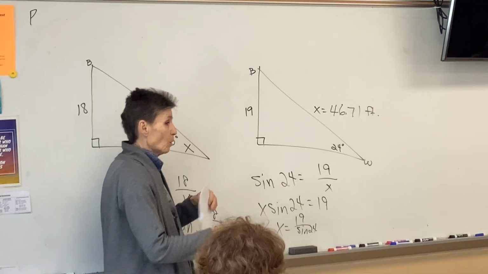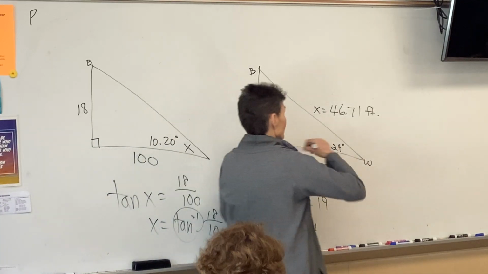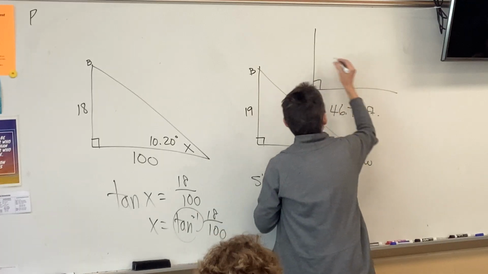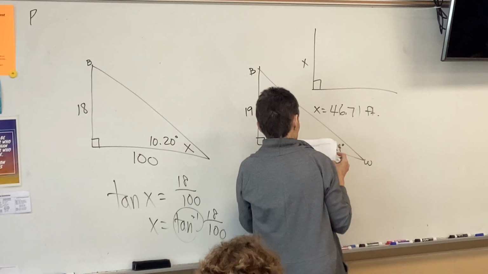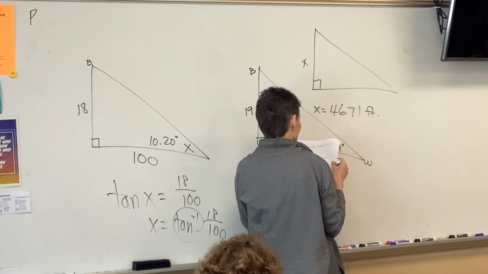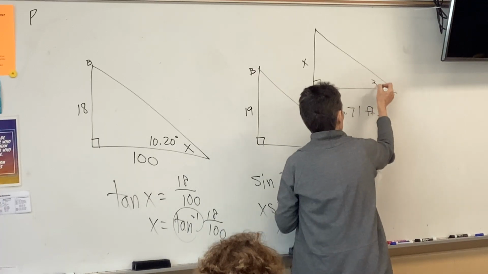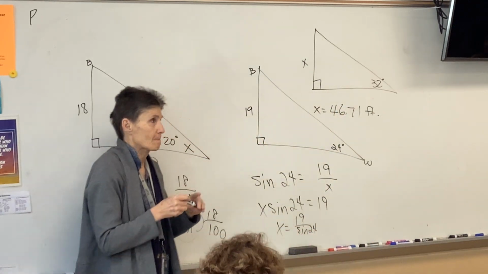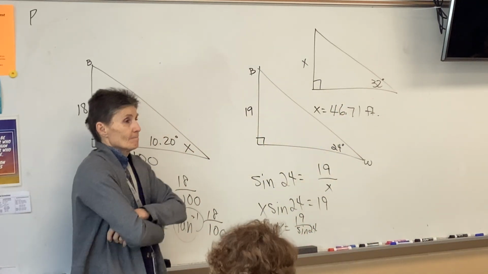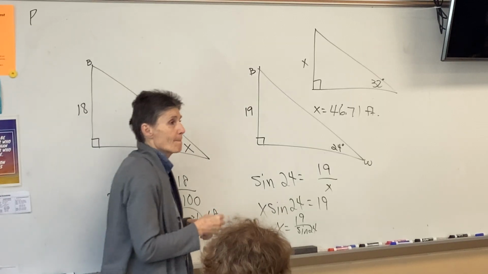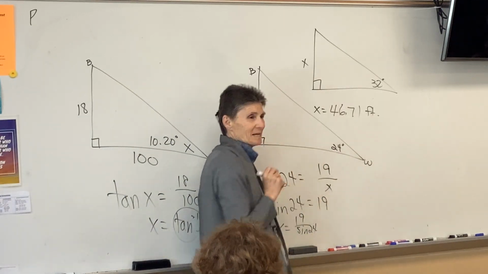All right, last one in this section. Let's get her done. Here we go. How tall is a flagpole that casts a 23-foot shadow when the angle of elevation is 32 degrees? Where does the X go? Oh, I didn't put the X in there.